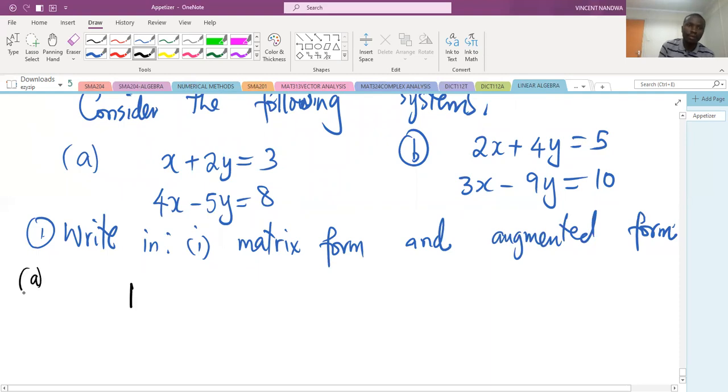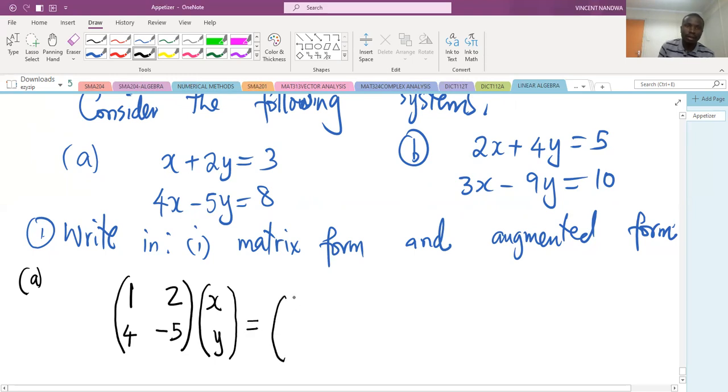So for part A, the coefficients are 2, 4, minus 5. And then you put brackets to mean this is a matrix. The first variable is x, the next variable is y. And then this is 3, and then this is 8.